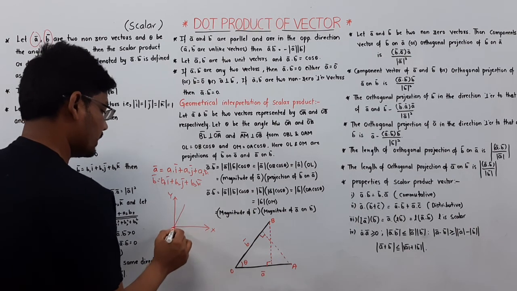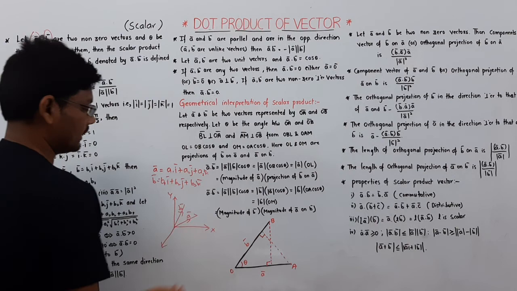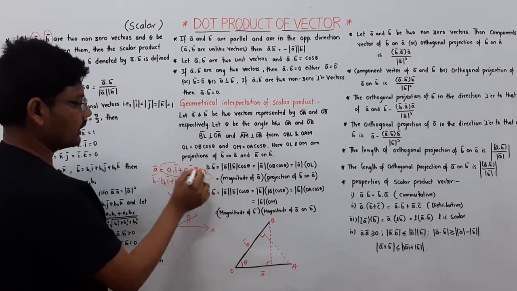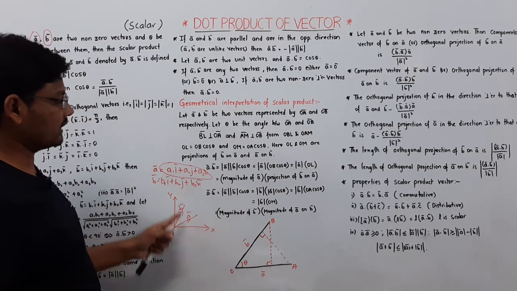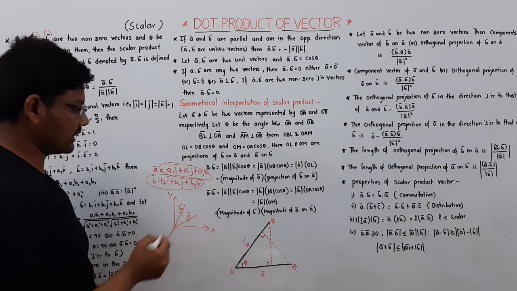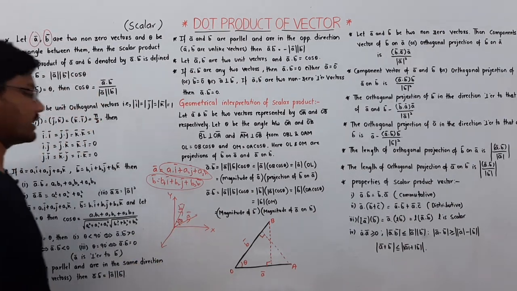This is a bar and this is b bar, and theta is the angle between these two vectors.